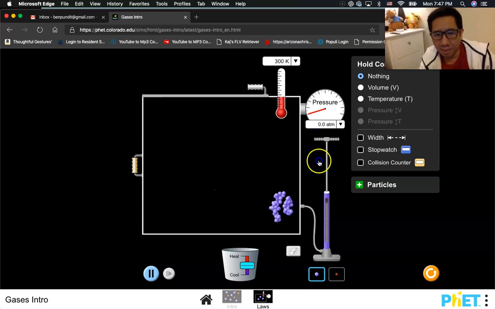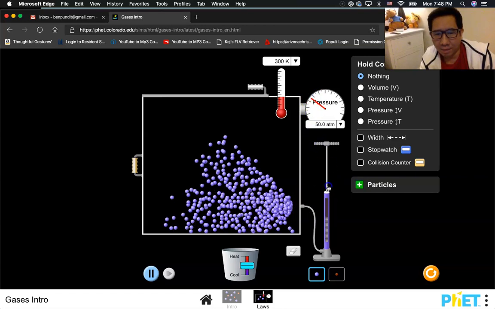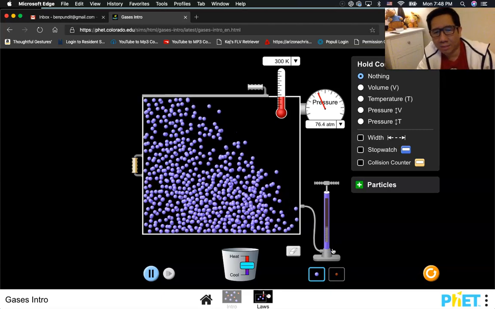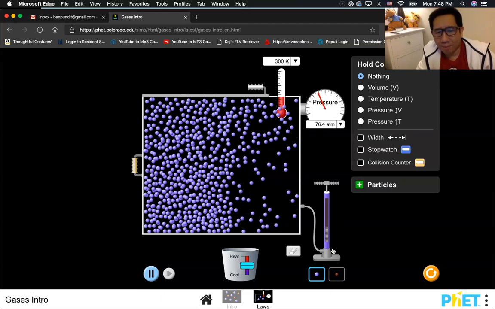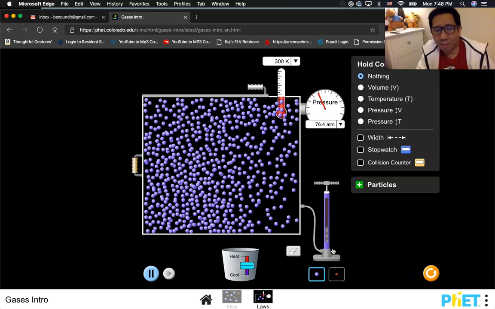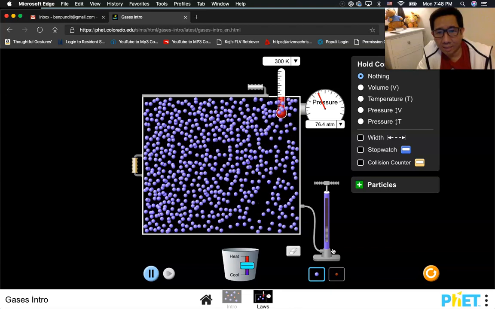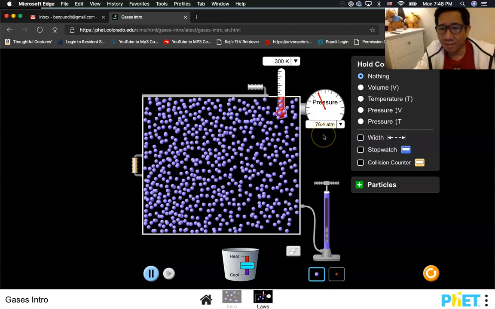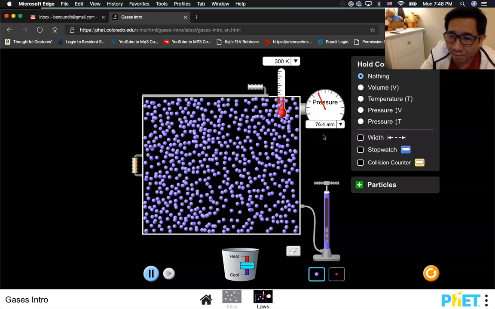Let me pump in some air. You have lots of air molecules bouncing around, just like little ping pong balls all over the place here. Look at the pressure. Right now the pressure here is at 76.4, the atmospheric pressure.